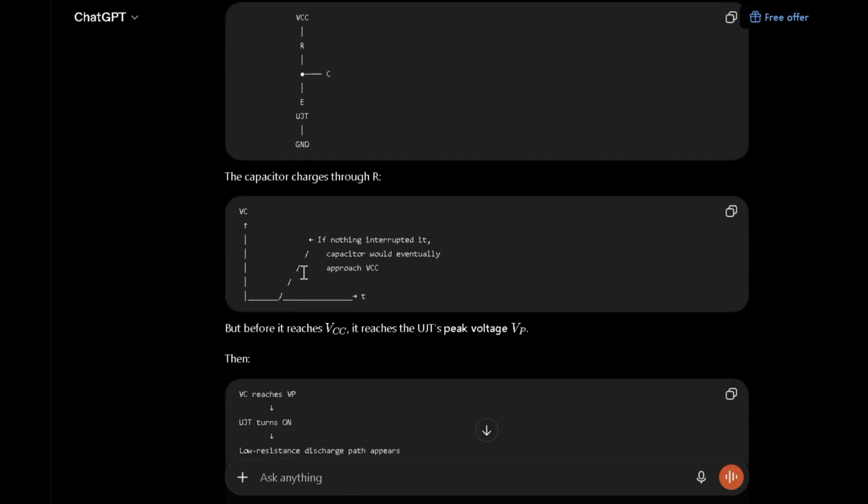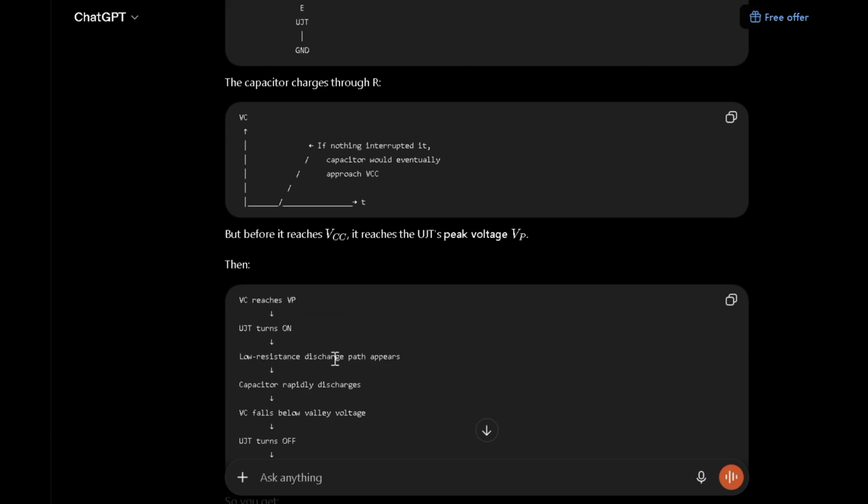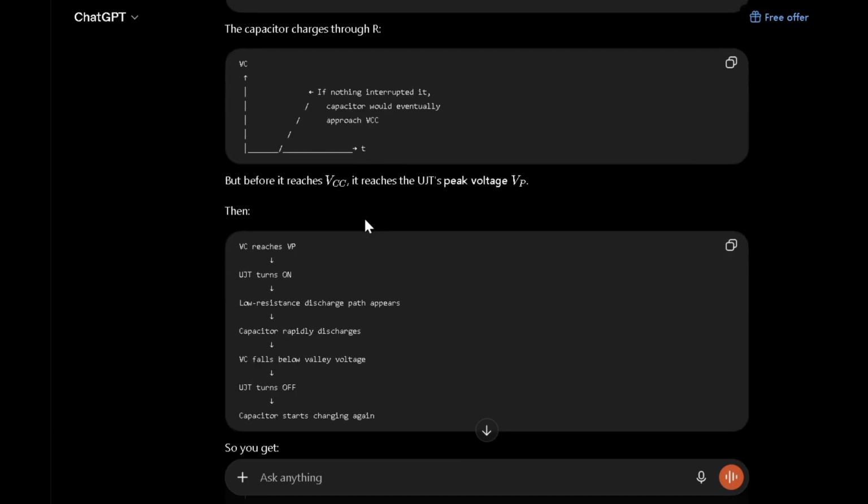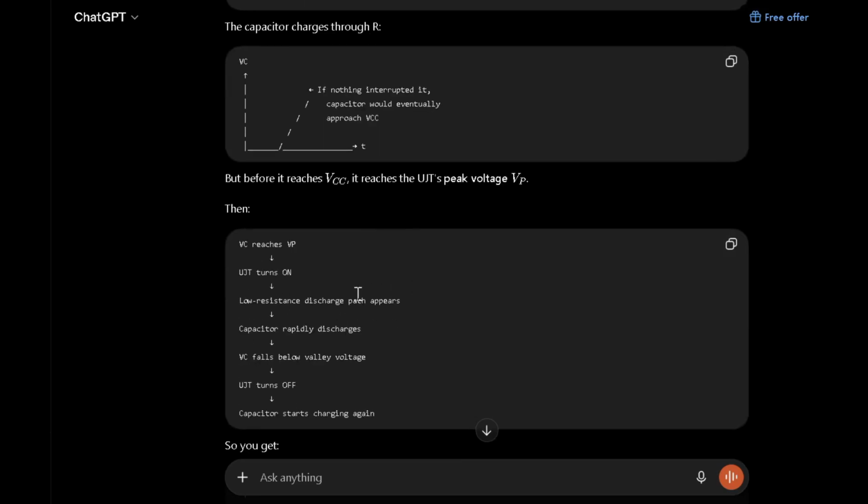What the UJT does is, as current increases, voltage decreases. So the UJT turns on and a low resistance discharge path appears.